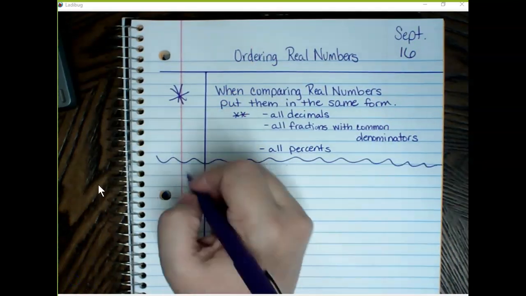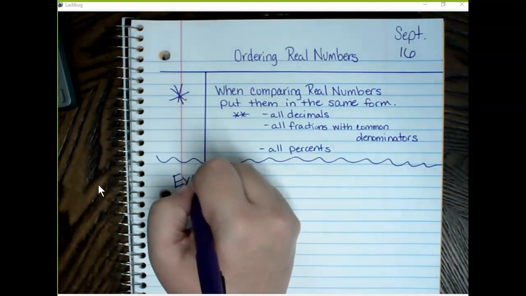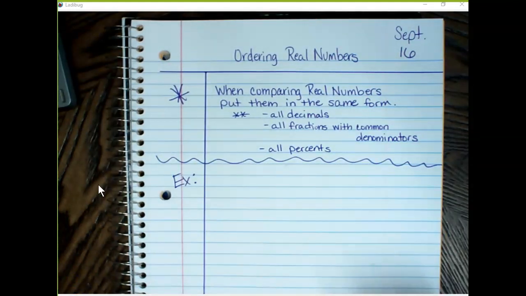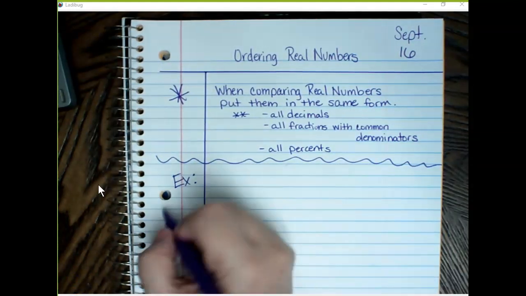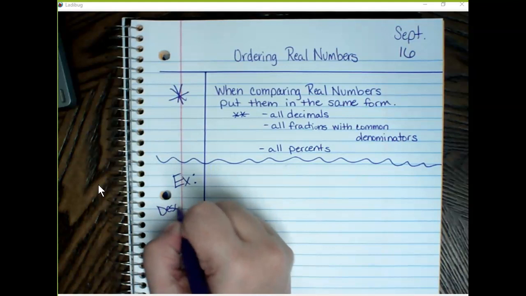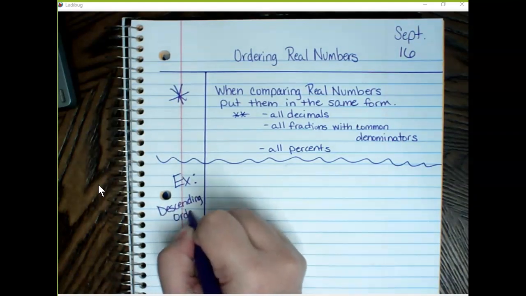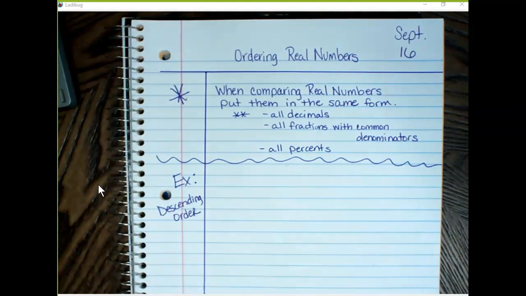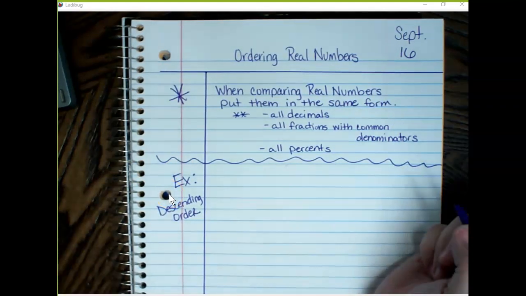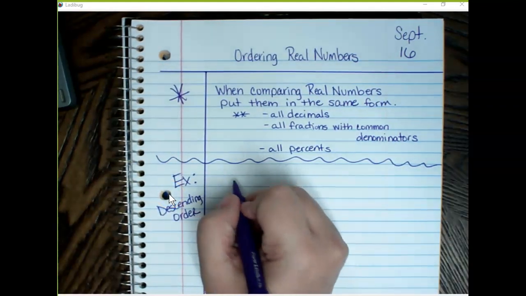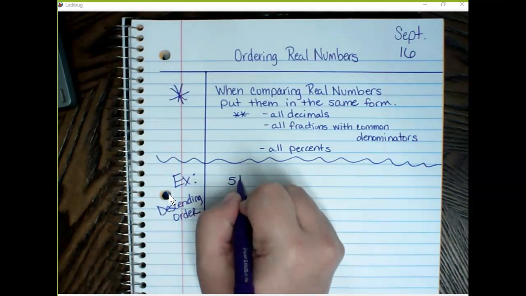For our first example, I'm going to give you a set of numbers, and I want to put them in descending order. Here's your set of numbers. My first number is going to be 5.5.